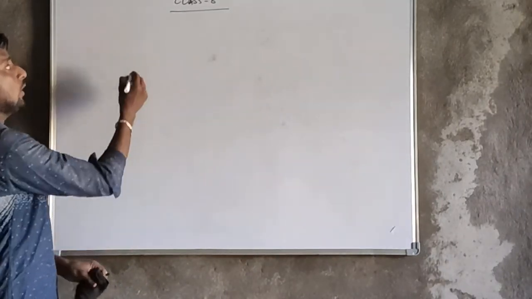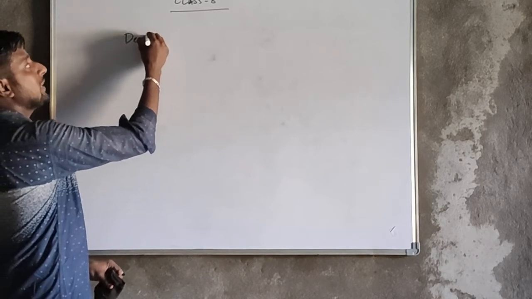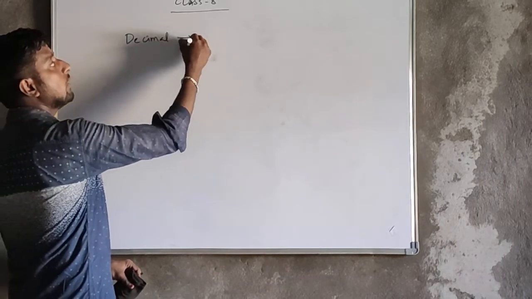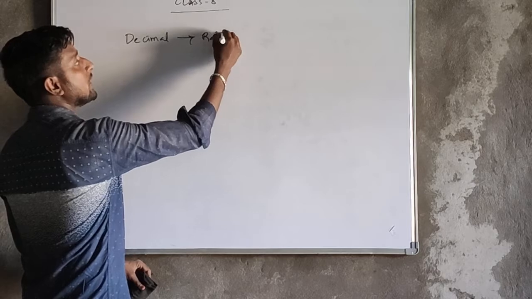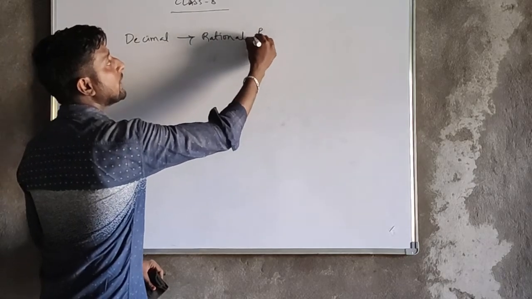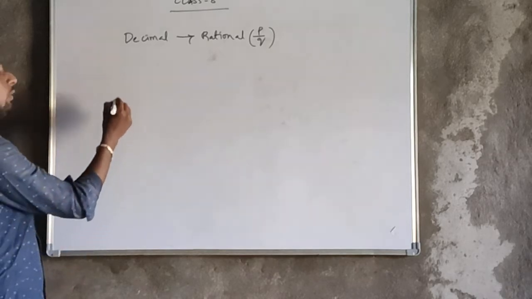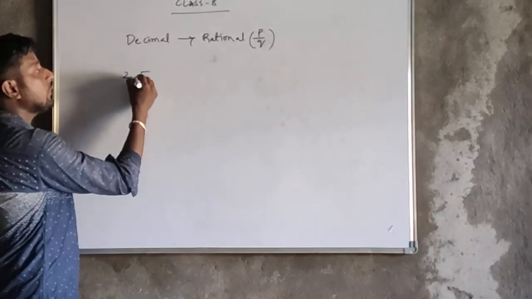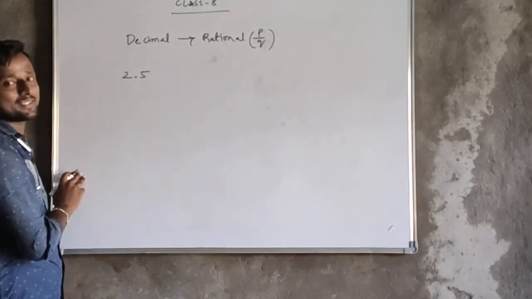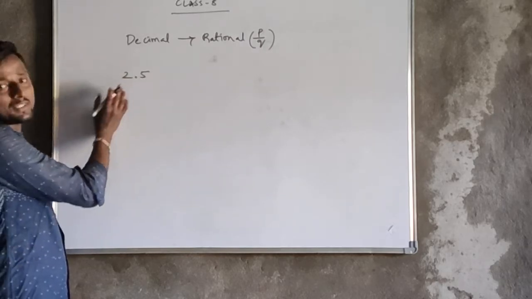Now the question is, from decimal to rational form. Rational form is nothing but p by q form. Correct? Now I'll write 2.5. 2.5 is my first example. 2.5 is a decimal form.